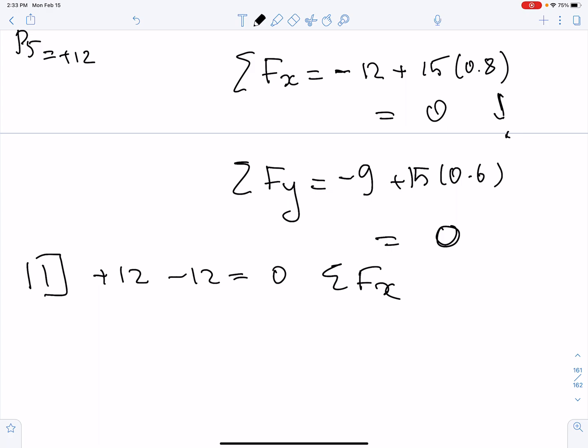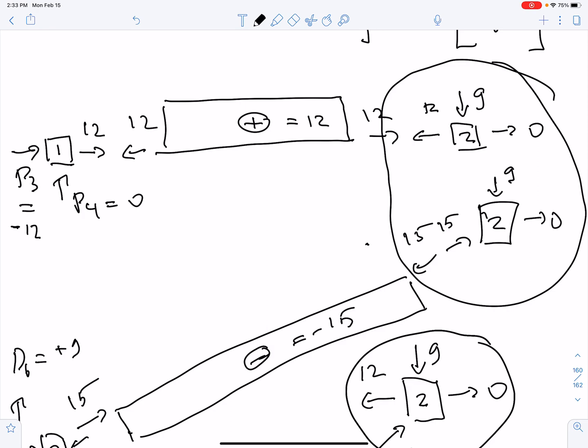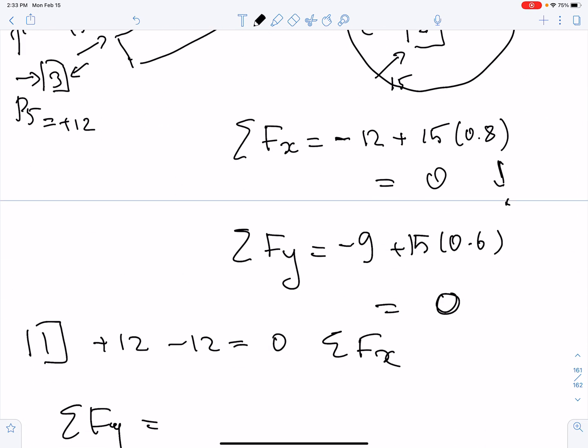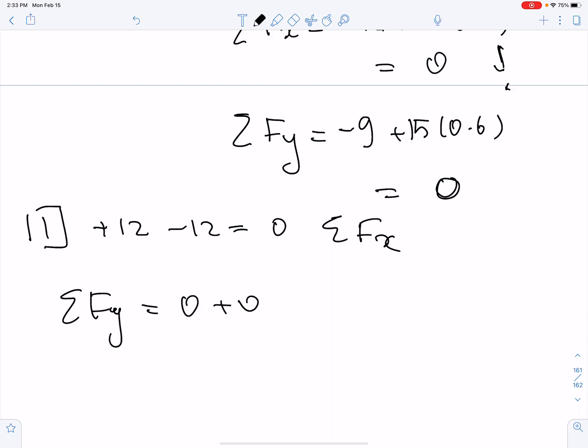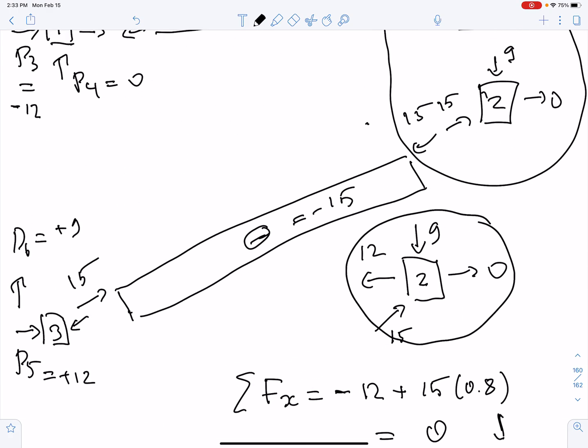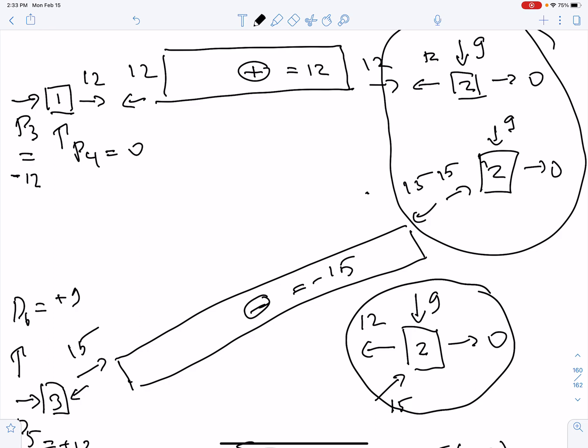Okay. And then sum Fy, if you look here, P4 is 0, right, and the element only exerts forces in the horizontal direction. So 0 plus 0 equals 0. Okay. So you see equilibrium is satisfied at node 1, right? So our structural analysis procedure using formal operations actually found for us a state of support reaction that puts that node in equilibrium with a force that's acted upon it by a deforming structural member.